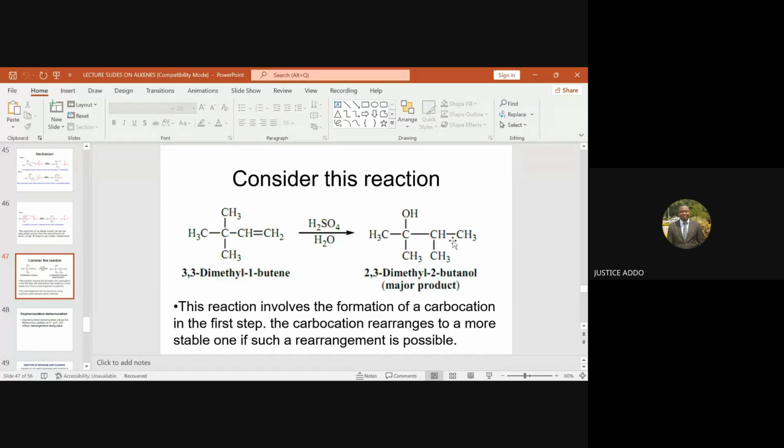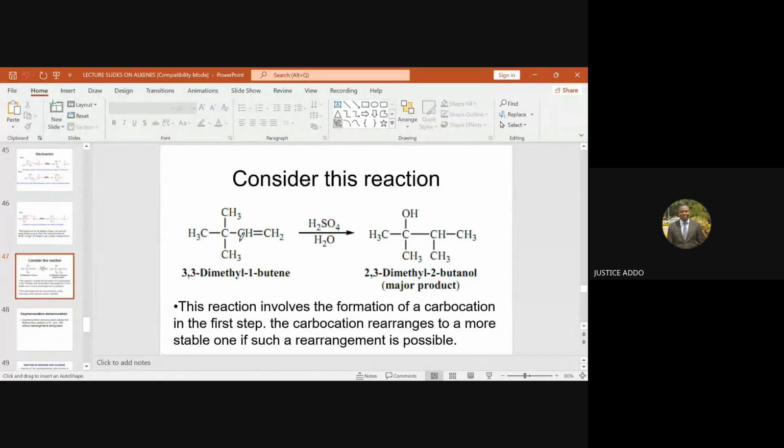But then what we have here is different. The reason is that when you add the acid proton here and it becomes CH3, then before the water comes in, you are forming a carbocation. And that carbocation here is a secondary carbocation. Now, when you form a secondary carbocation, the water can come in and you form that alcohol. But that alcohol will be a minor product.